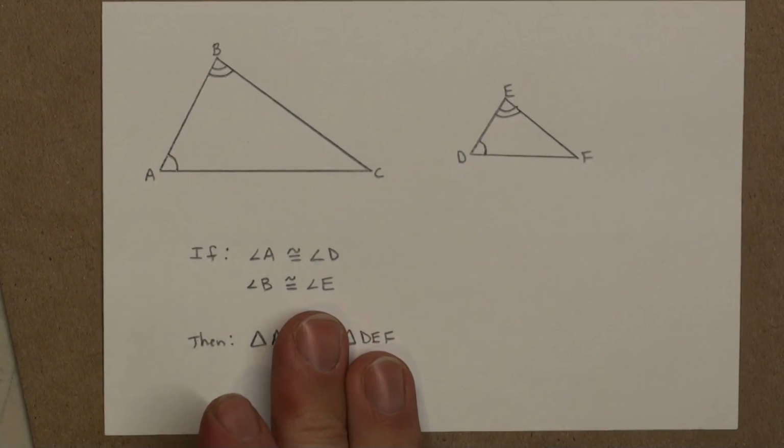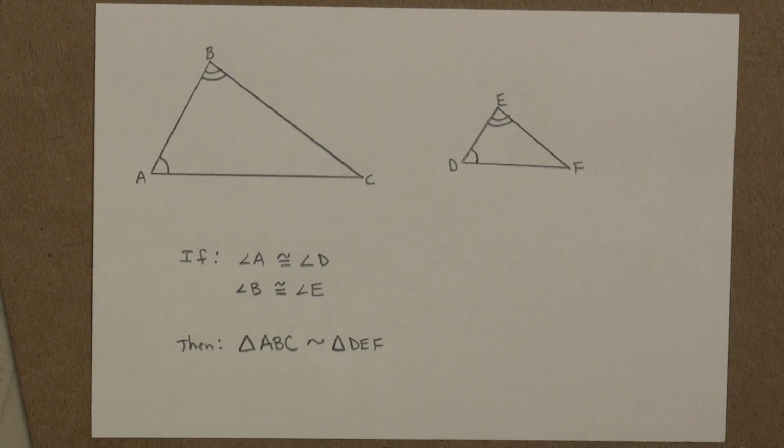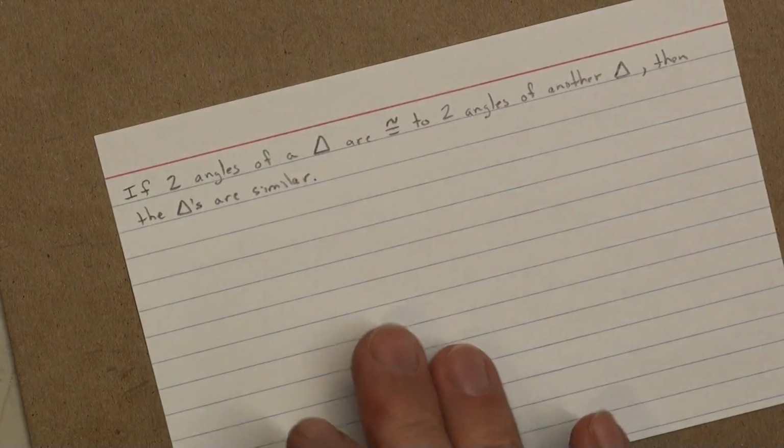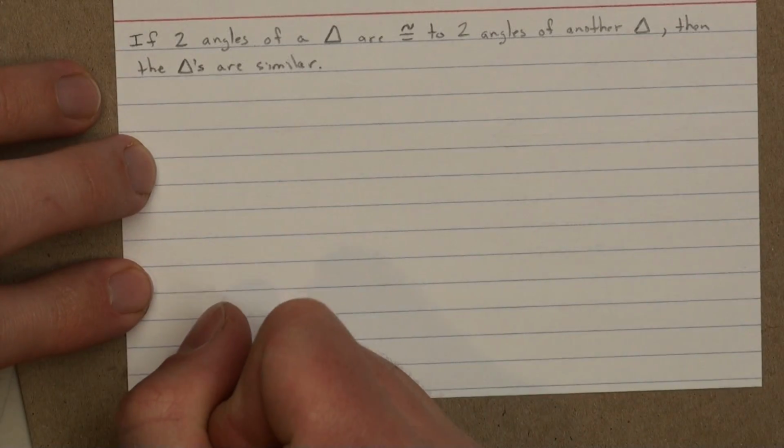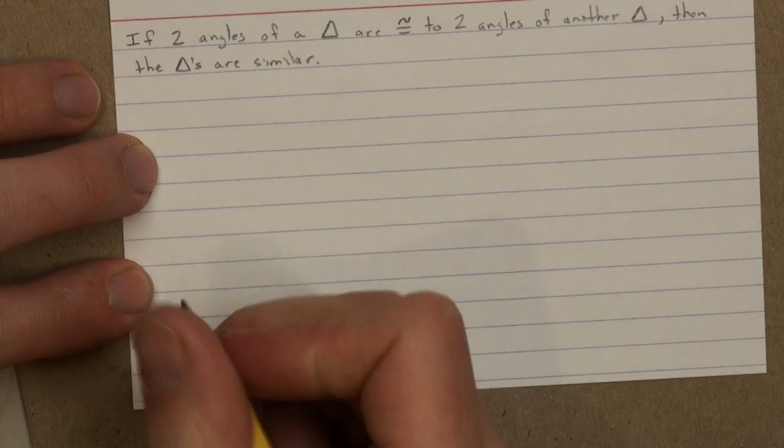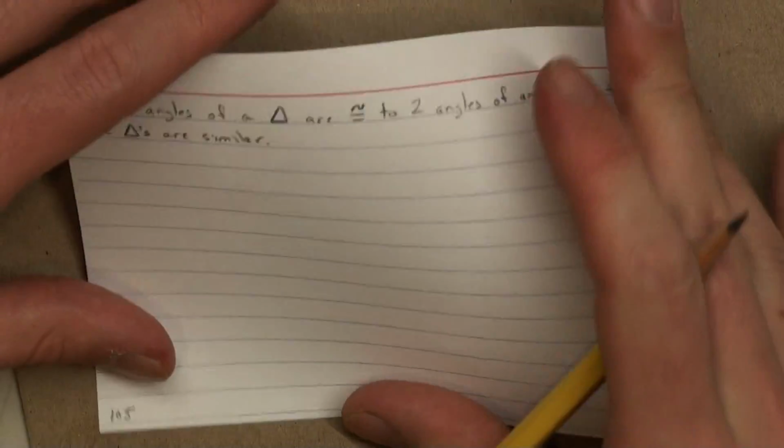That's what we got for that one. So that's AA, card 105. Now we're on 106.